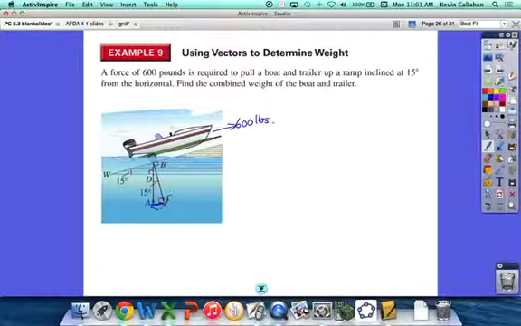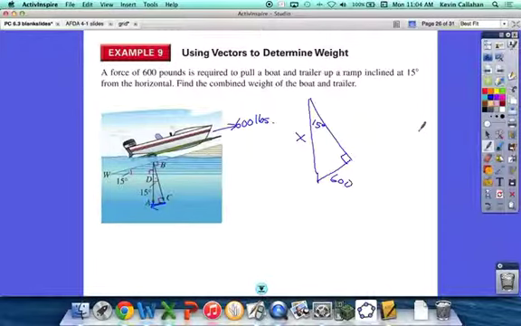That's why the thing is not moving. So if I draw this triangle, here's my right triangle. This is 600. That's a right angle. Find the combined weight of the boat and trailer, meaning find that side. Now, we know that this angle here is the same as the 15 degrees.